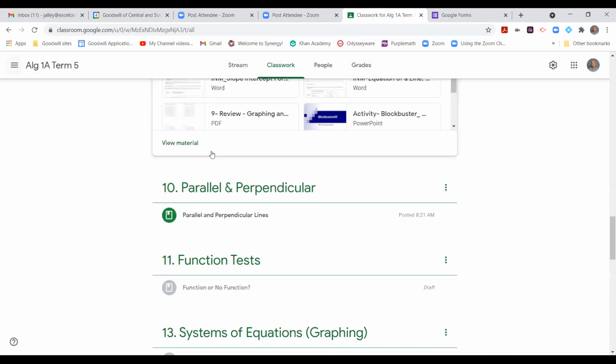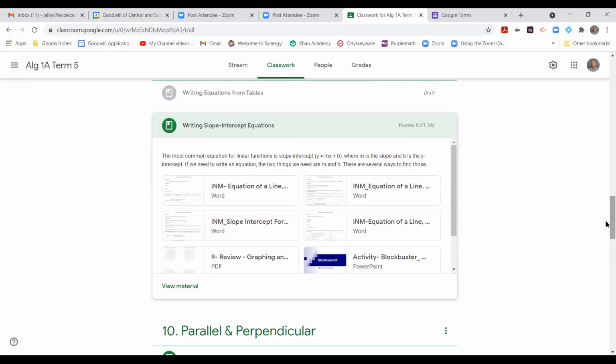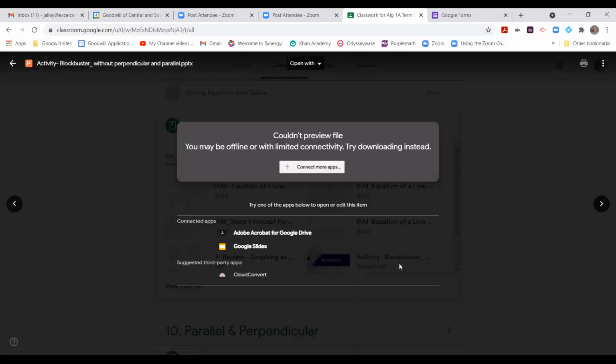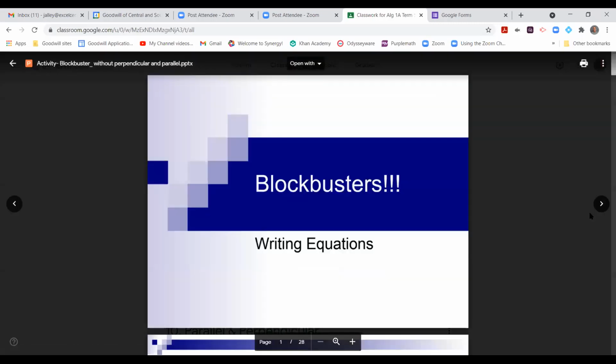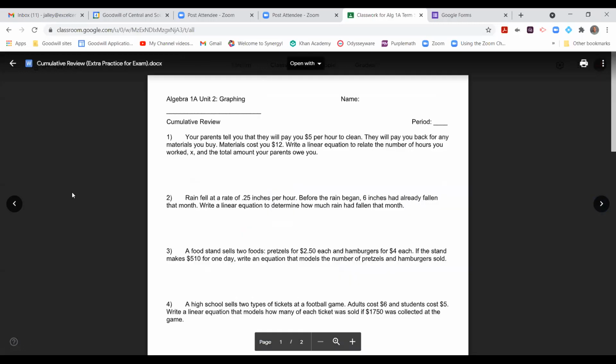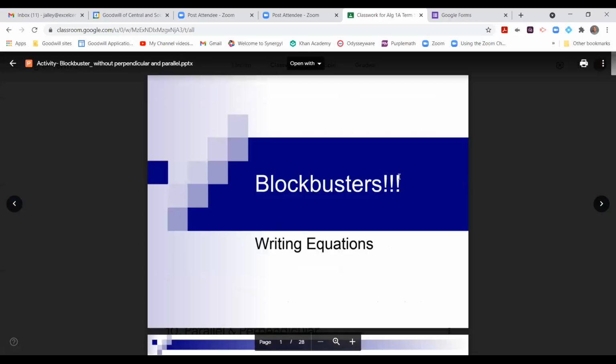Okay, and all four of these documents I pulled right out of the materials that have been posted for this particular week. In that same grouping is this slideshow.